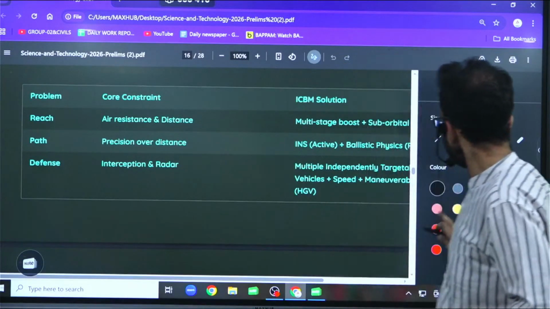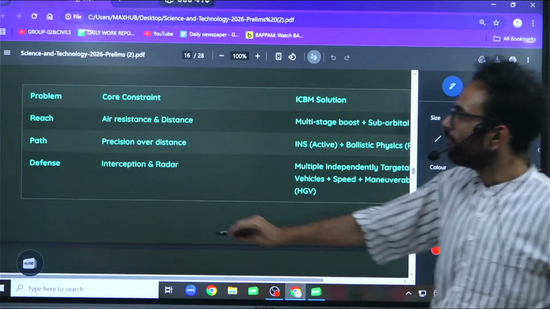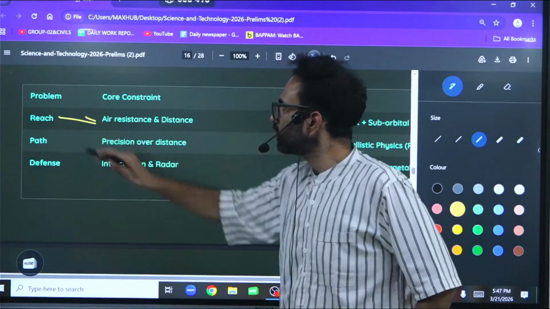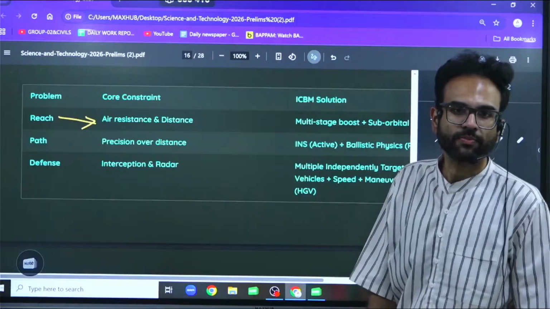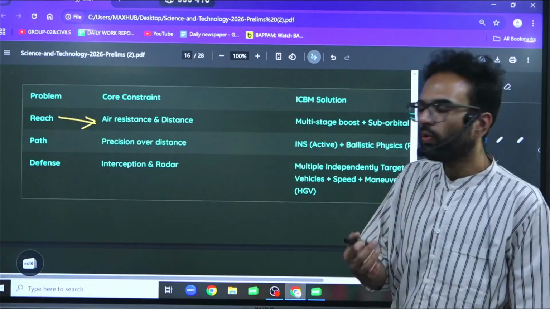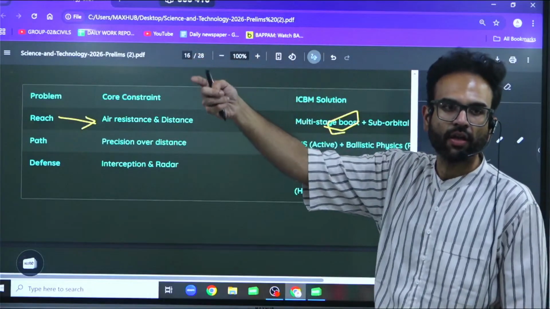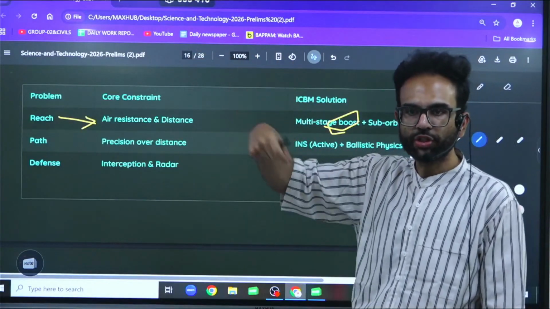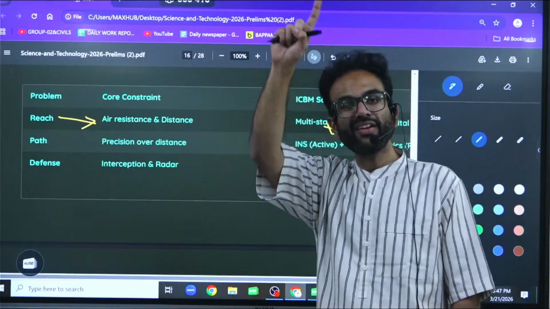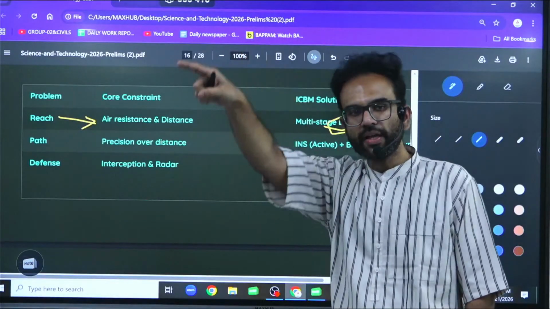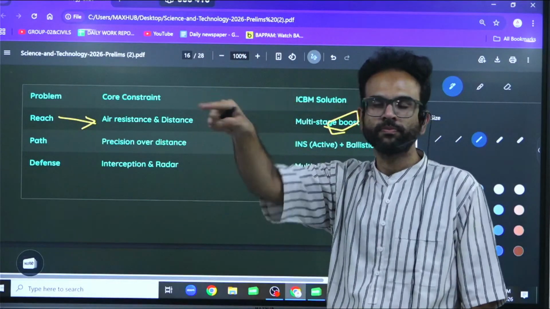So what are the problem statements here? If you want to cover the distance, there is air resistance. And the way we overcame it is by multi-stage boost. In multiple stages, you give a push through the engine till the point it reaches space. From there, it is in autopilot mode.